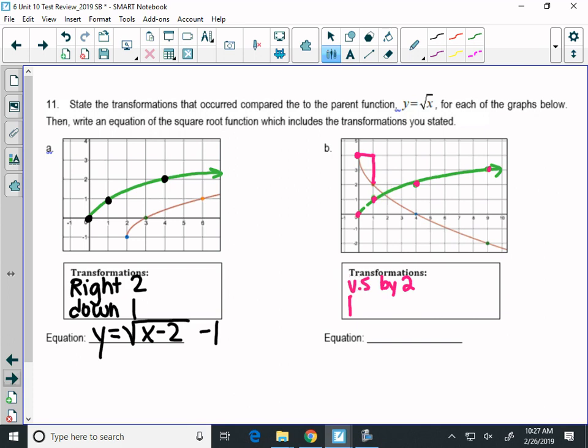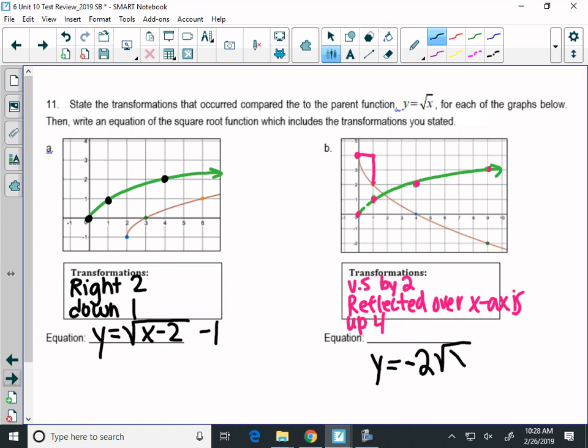My graph is upside down, so it was reflected over the x-axis, and it looks like we went up 4 units. So to write this equation, the vertical stretch comes first, so you have your 2. Now reflected over the x-axis also comes in front of the square root, so I'll make that a -2 square root of x, and the up 4 is outside of the radical. There'll be a +4 on the end.